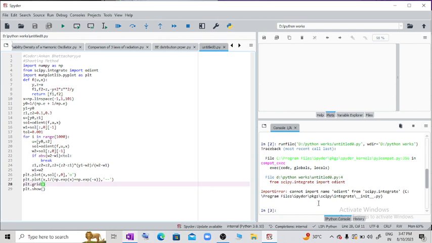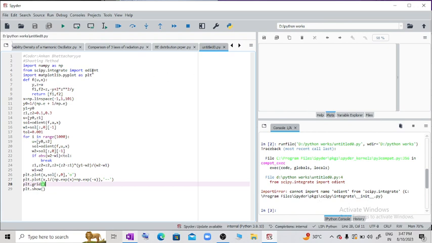What is wrong with it? I think some error is happening here. ODE cannot be found. Okay, let's check. Mm, what is wrong with it? Okay, the spelling is wrong.